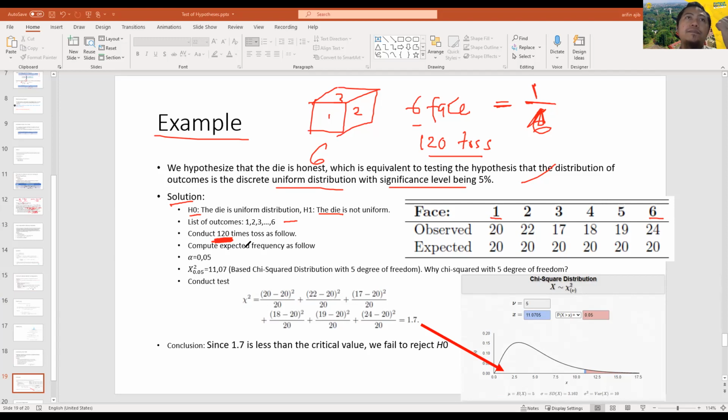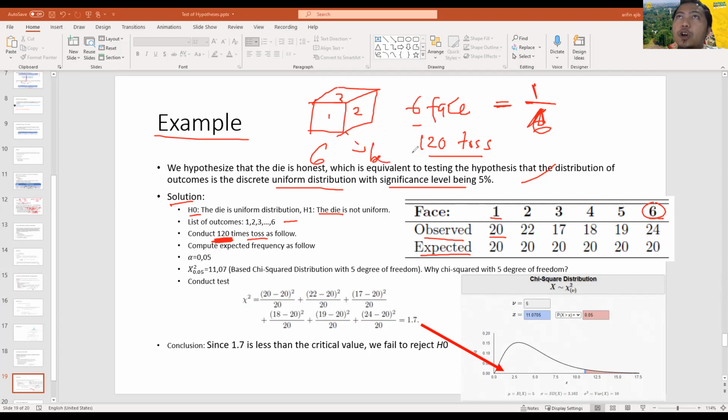A larger sample is better. For example, in this case, it is 120 tosses. So that's the result. The first face, we got 20. Second face, 22. Third face, 17, and so on until the 6th face. And that's the result of the observation. And the expected observation, expected means that because we expect that this die is balanced.